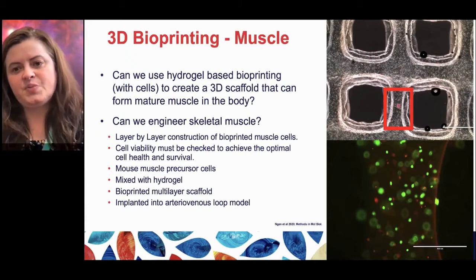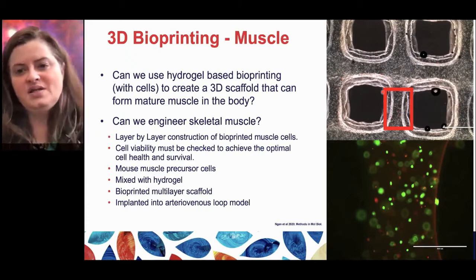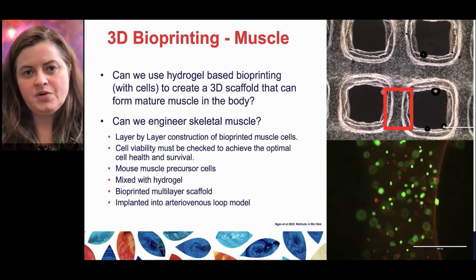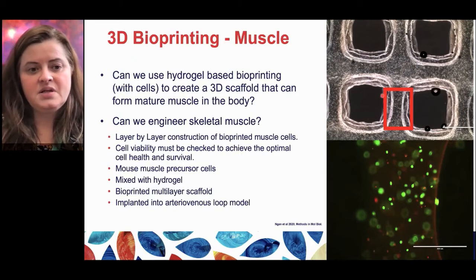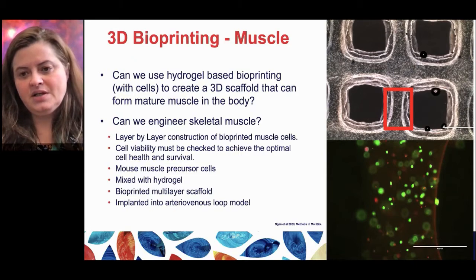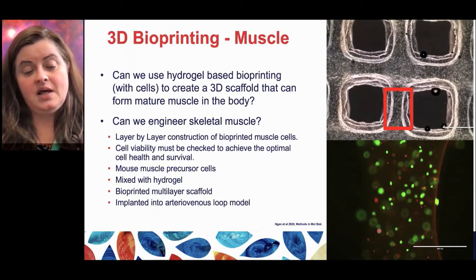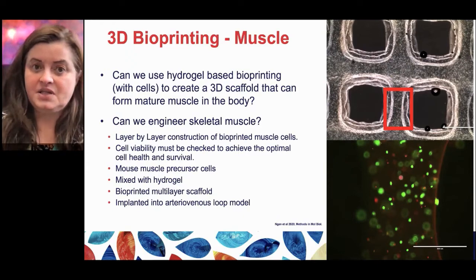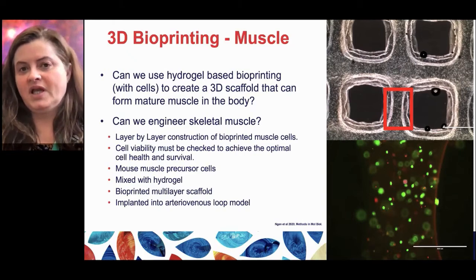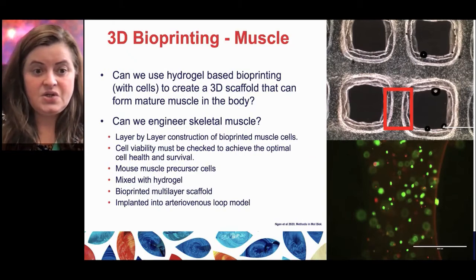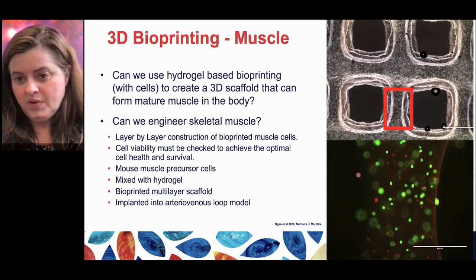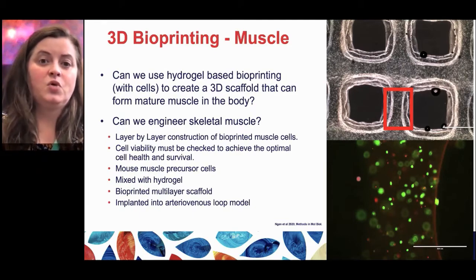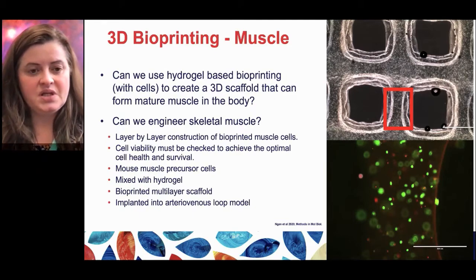One of the things with this printing process is that you want to make sure that during the printing process, you're not killing cells. You can see here the green cells are the live cells and the red cells are the dead cells. Now, you normally will get some dead cells anyway in tissue culture, because you'll have normal senescence in cells.